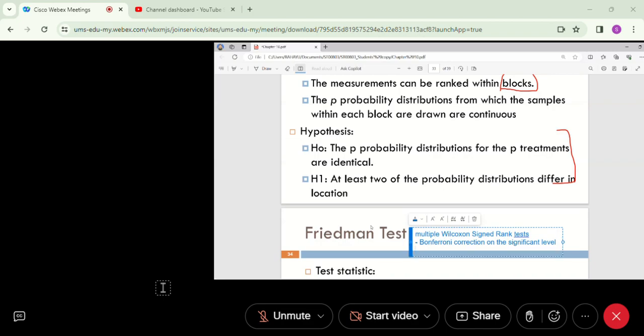Okay, so how to do the Bonferroni correction? It is by dividing the alpha with the number of pairwise comparisons.